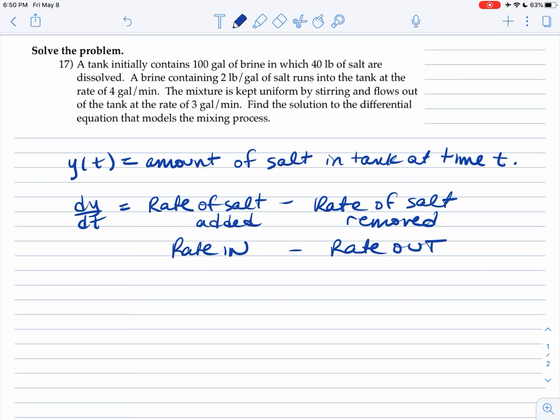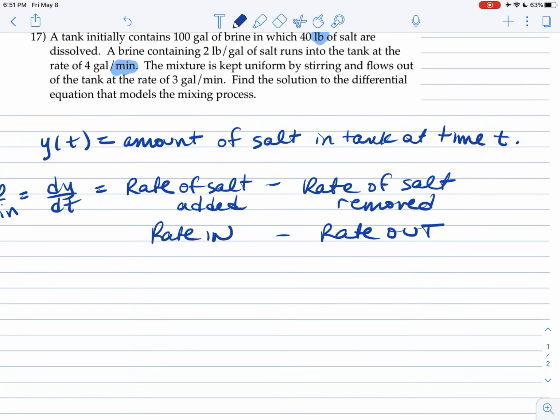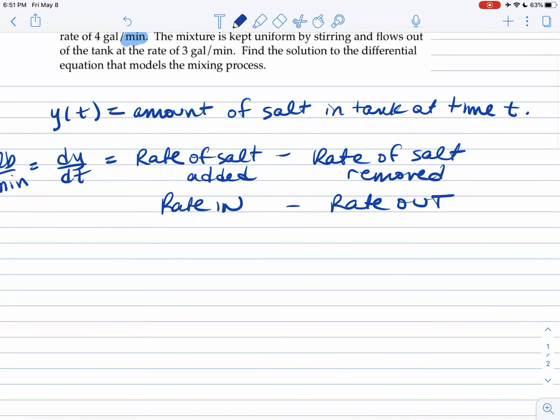And how would we come up with that? In this case, the amount of salt is in pounds, and the time we see in terms of rates of change is in minutes. So we know that dy/dt is going to be in terms of pounds per minute. And again, concentration is a substance in a volume, or in a three-dimensional space, so you can consider air and particles in the air in terms of concentration.